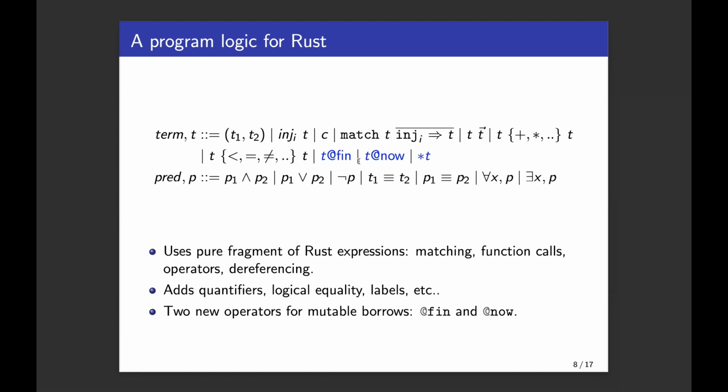On top of that, we add two new operators, which are this t at fin and this t at now, which we use to refer to mutable borrows in specifications. And since we want to write specifications, we also equip ourselves with a set of logical predicates, or rather propositions. So we have, for example, universal and existential quantification.